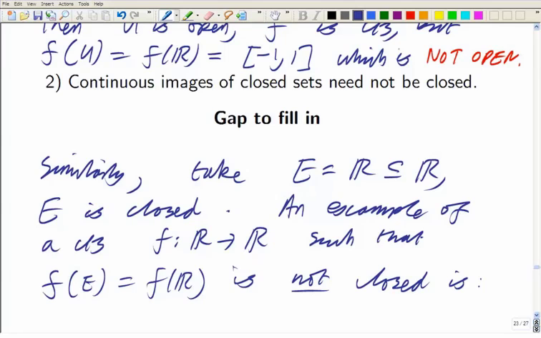Why don't I give you a couple of minutes to think of one? So why don't you talk amongst yourselves for 2 minutes, just see if you can come up with a continuous function from R to R where, if you look at all the values taken by the function, what you get is not a closed set. Obviously, you can't use the one before. The one we just had, the image was the closed interval -1, 1, so you're going to have to do something different. So talk amongst yourselves for a couple of minutes and see what you can come up with.